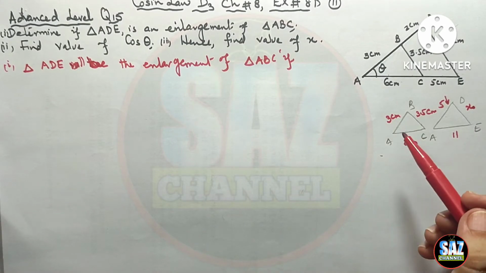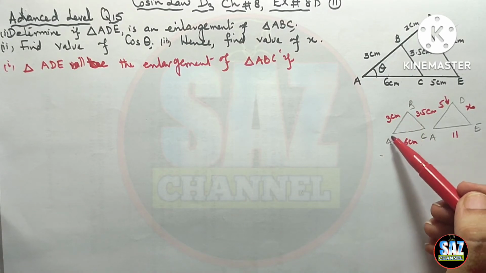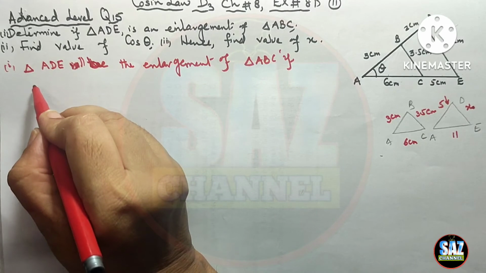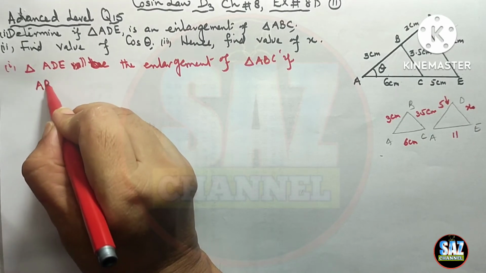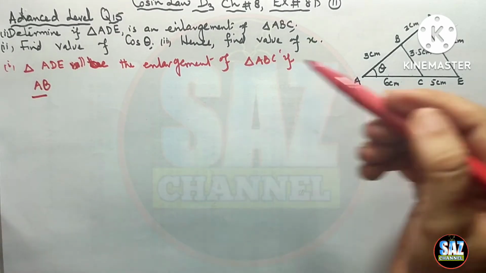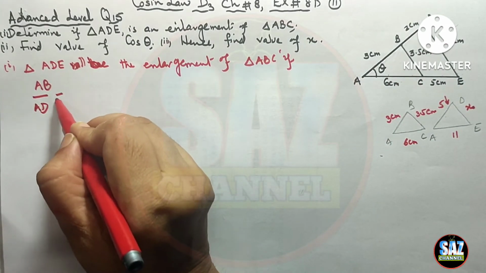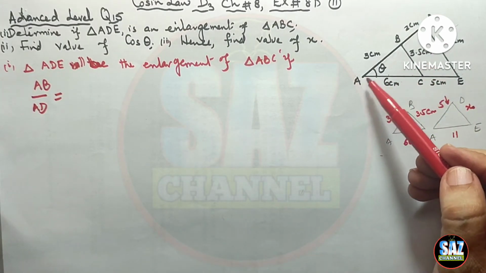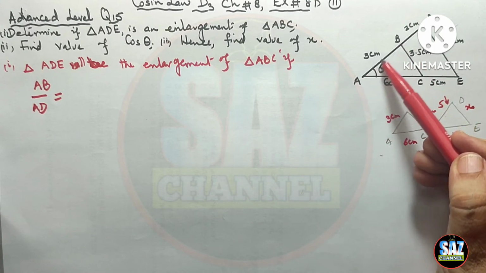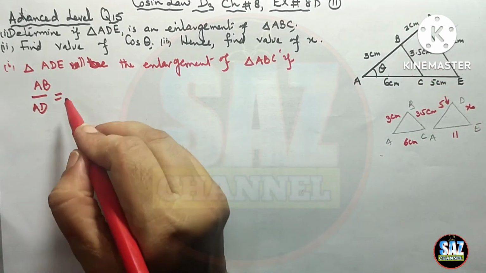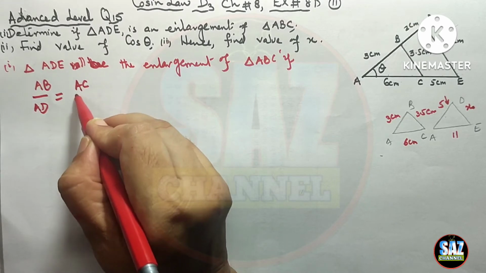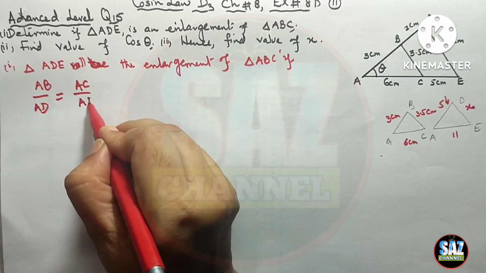What happens? That AB upon AD. AB has a ratio with AD equal to what? The ratio of the small triangle's base AC upon AE.